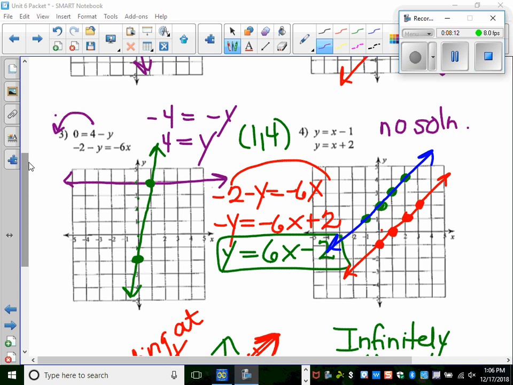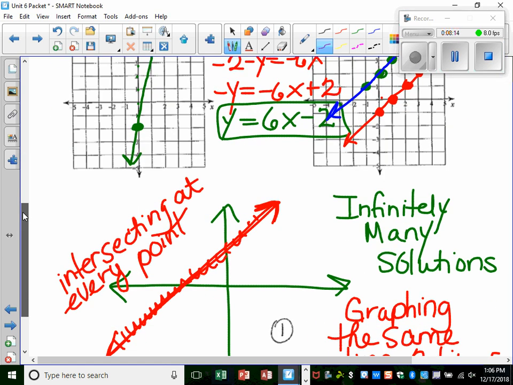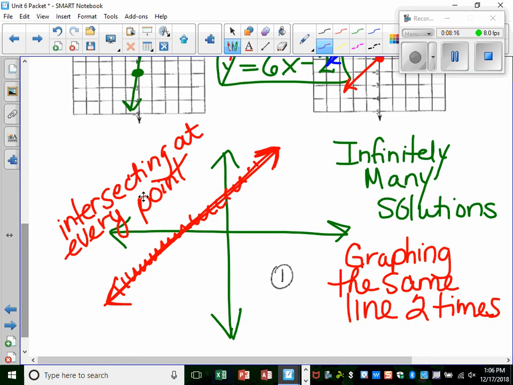Okay. Now there's one other option you can have. I want you to write this down. So let's just say, and just draw this at the bottom of your paper. Here's a coordinate, x and y. Here's the line, okay? Now, you can have what we call infinitely many solutions. That's the opposite of no solution, just like we do when we are solving equations. So that means you're graphing the same line 2 times.